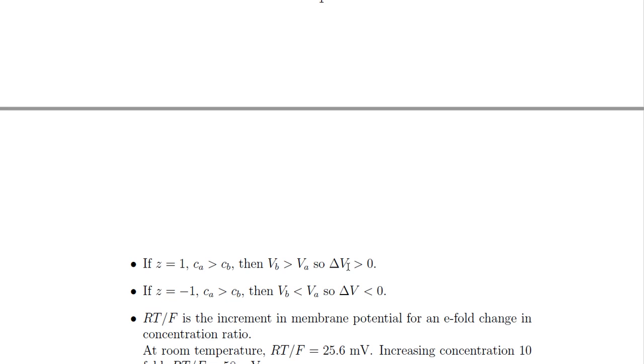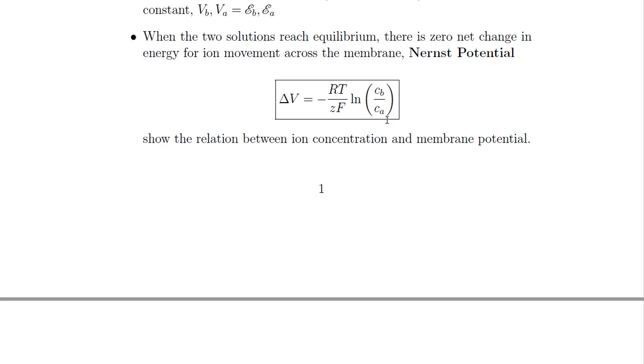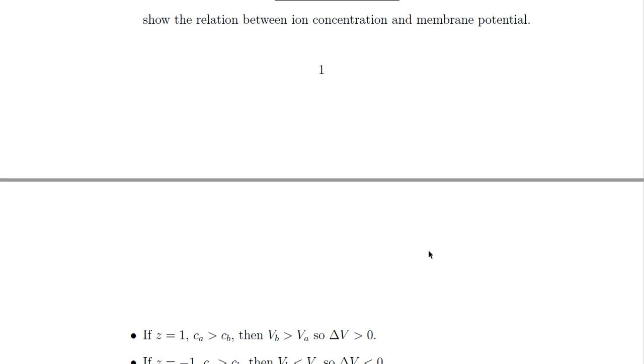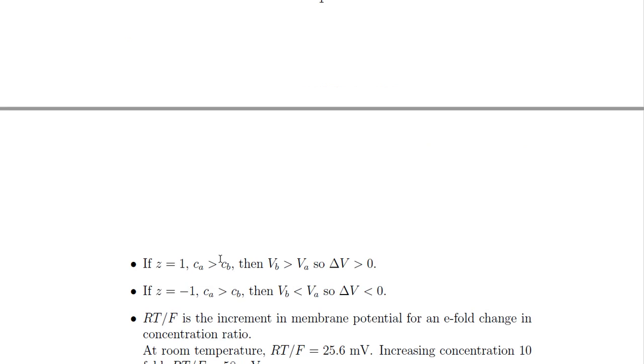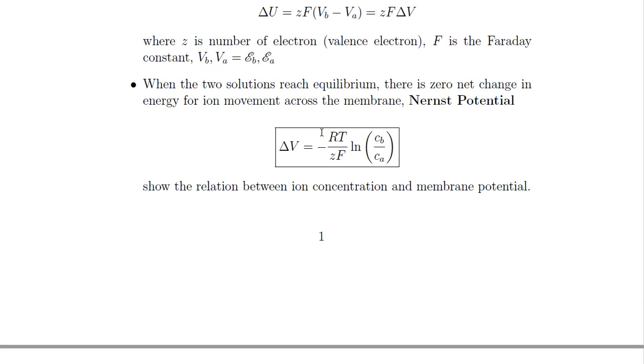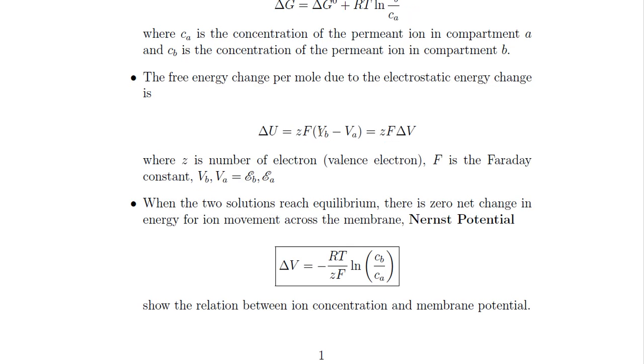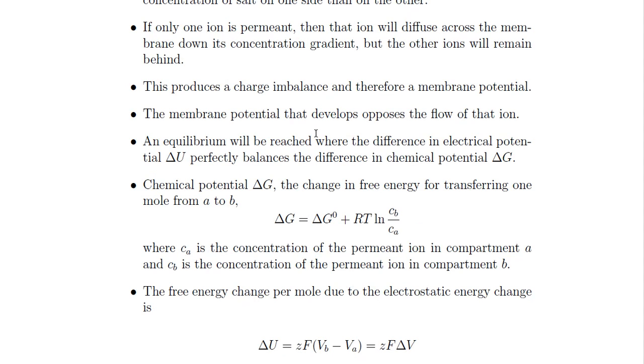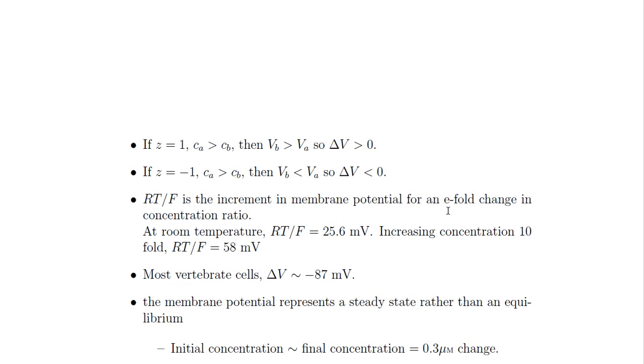The voltage is higher at compartment B than compartment A. If Z equals minus 1 and CA is greater than CB, then VB is less than VA, so delta V is less than 0. The membrane potential is less than 0.